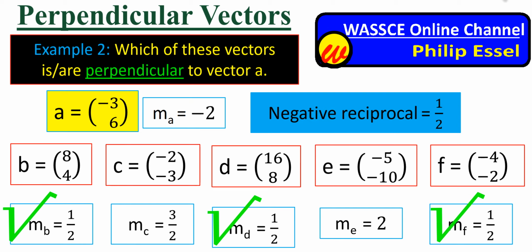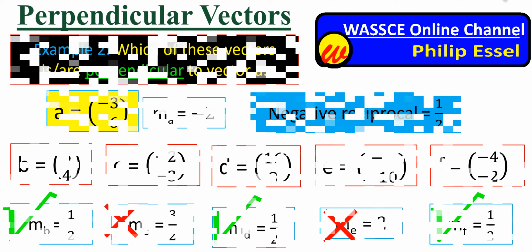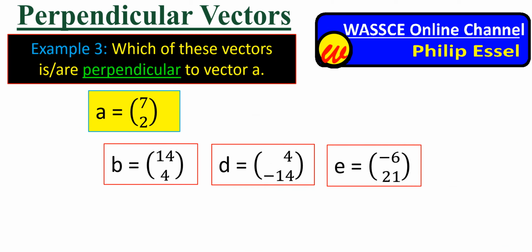What it means is that they are not perpendicular to the vector A. Now, let's look at the third example, which will be our final example on perpendicular vectors. Example 3.